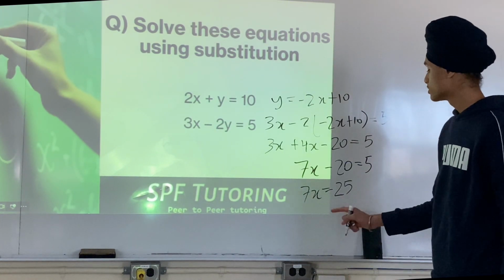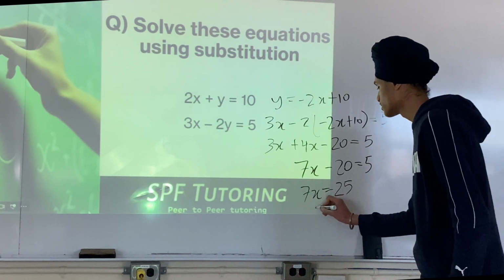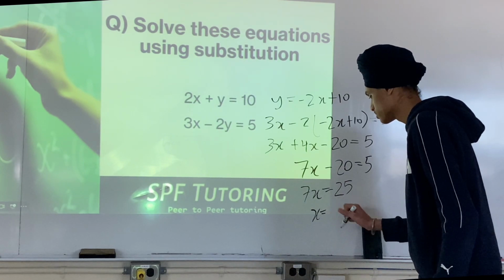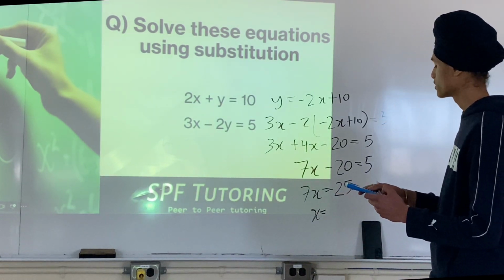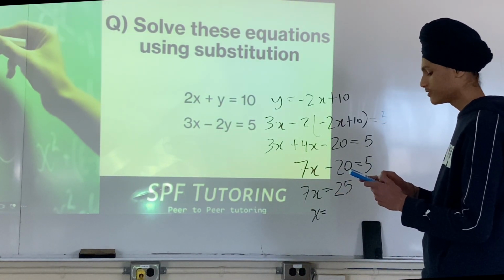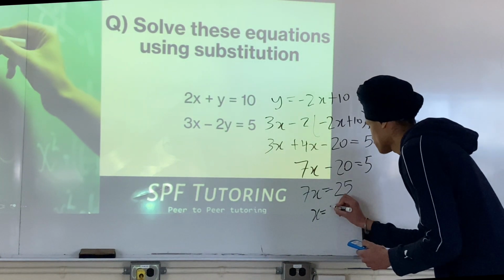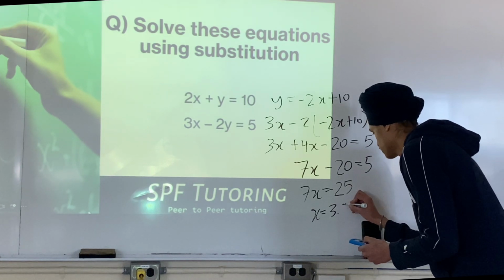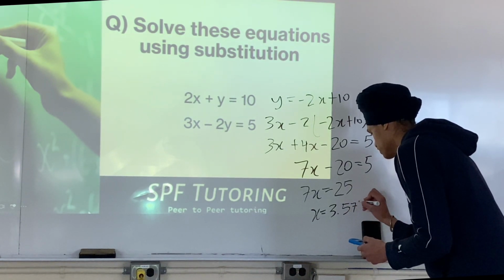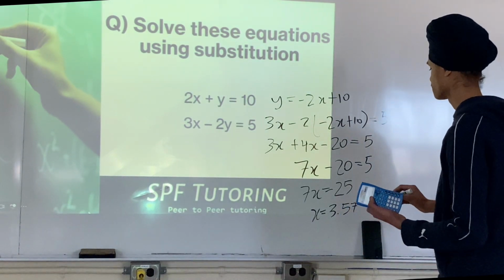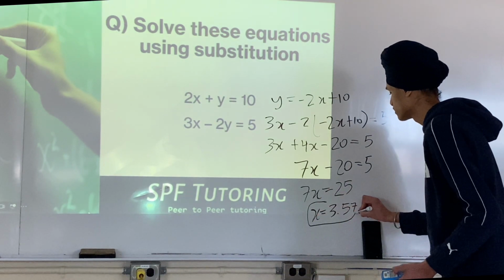Since 25 divided by 7 is going to be a decimal number, we should calculate it using the calculator. 25 divided by 7 is 3.57. And yeah, let's keep it to that. So that's x.